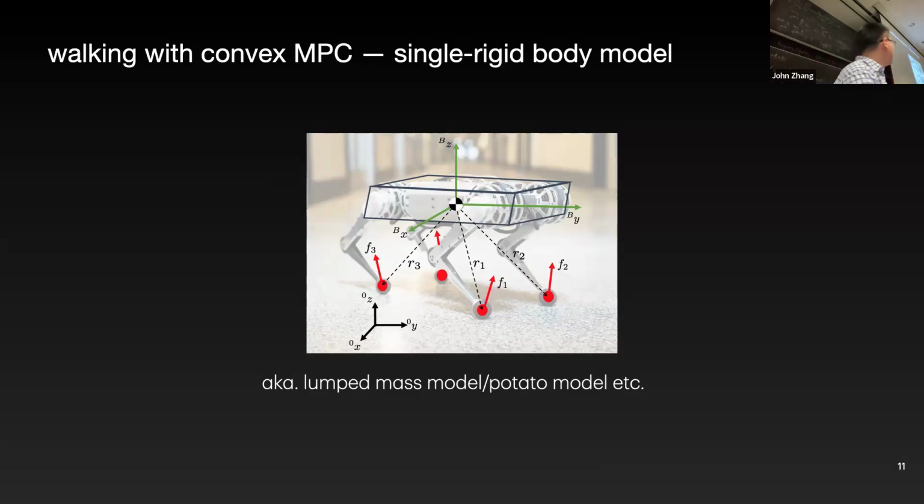We typically call it the single rigid body model. Some people call it a lumped mass model, so you assume all the mass is centered around the base. Some people call this a potato model. It's just a floating potato in the air. If you stare at this a little bit, it essentially looks like a quadrotor, with actuation essentially being the forces coming from the feet.